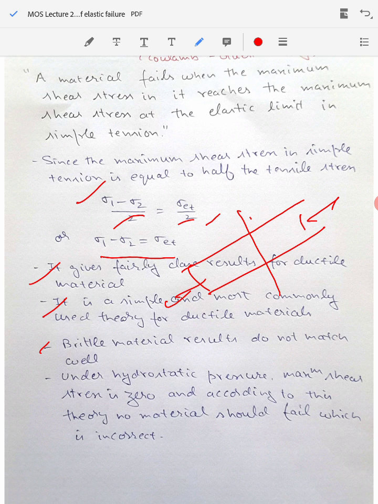Because this is the plane where the normal stresses are the maximum. It will not give you the cup and cone shape. It will always fail at 90 degrees. So for brittle material this theory is not going to work, because it is talking about the maximum shear stress, and brittle material fails primarily due to the normal stresses. In contrast, ductile material fails because of the shear stresses, so this theory works quite well for ductile material.